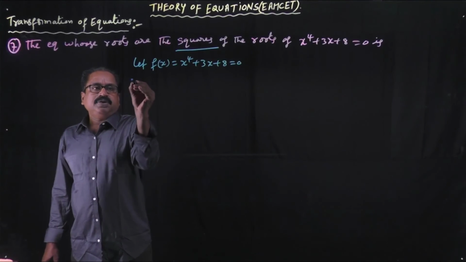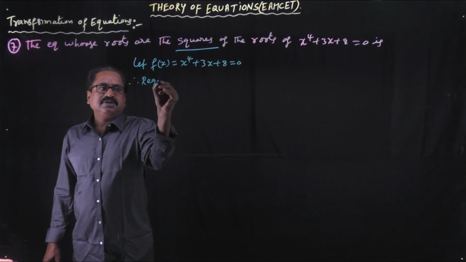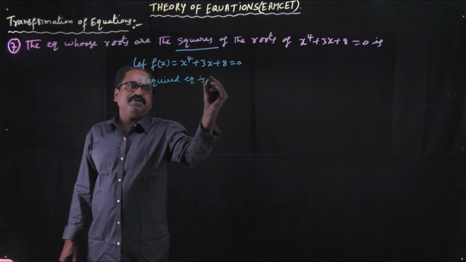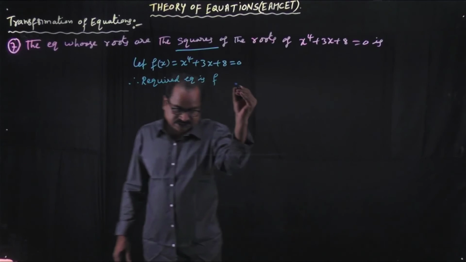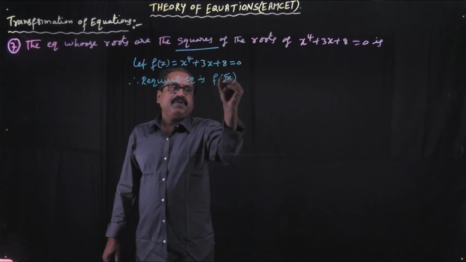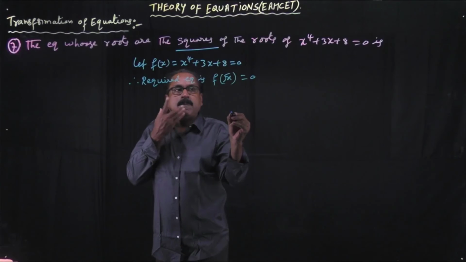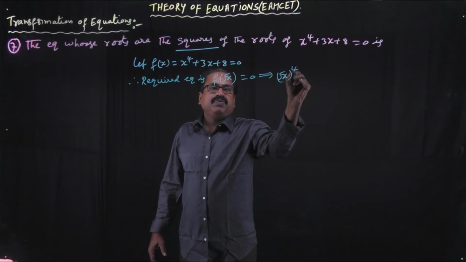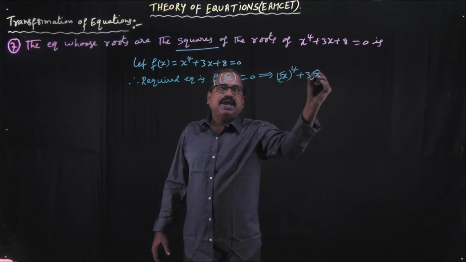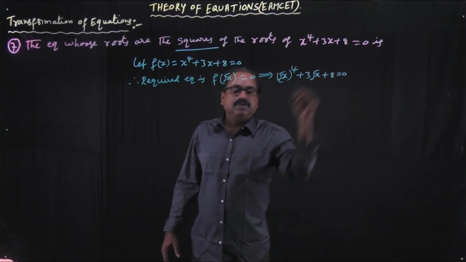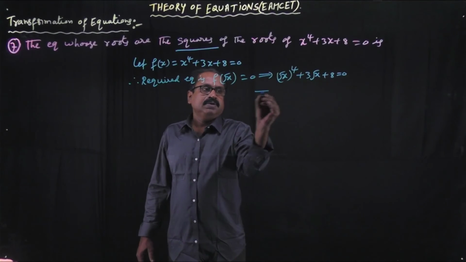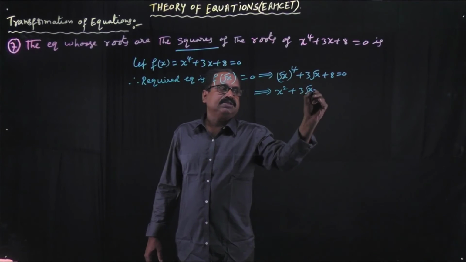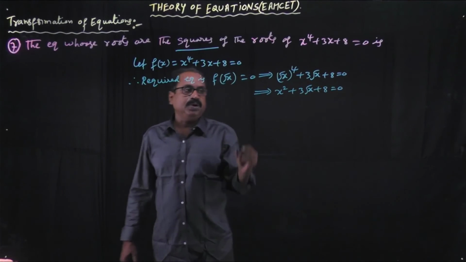So therefore required equation is f of root x is equal to 0. So this implies root x whole power 4 plus 3 root x plus 8 is equal to 0. So this implies x square plus 3 root x plus 8 is equal to 0.